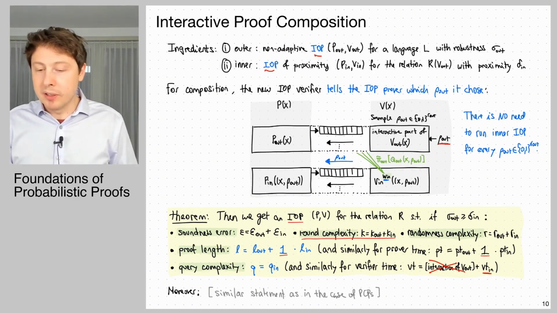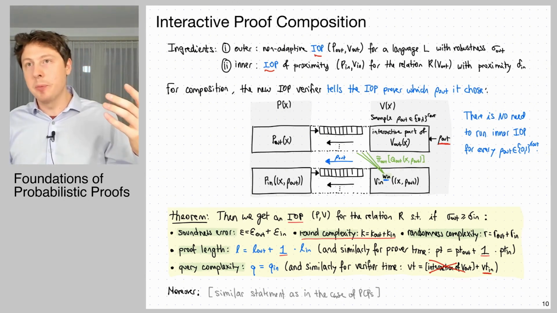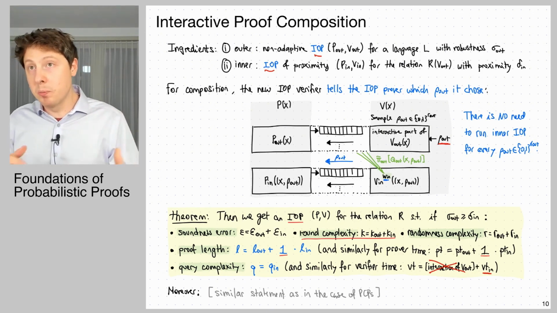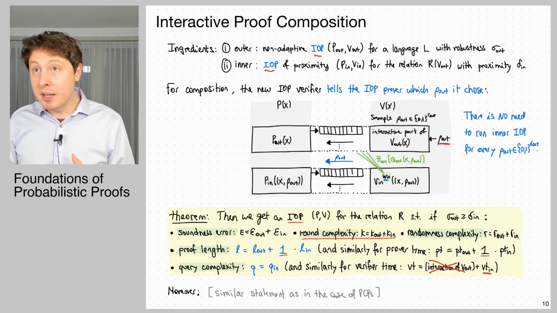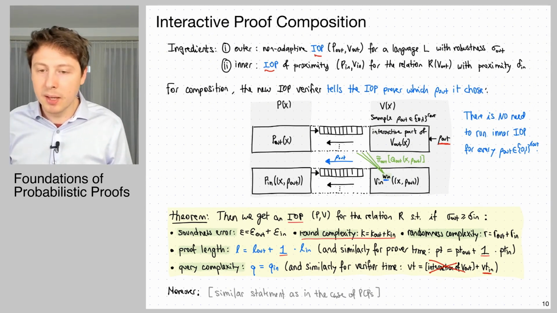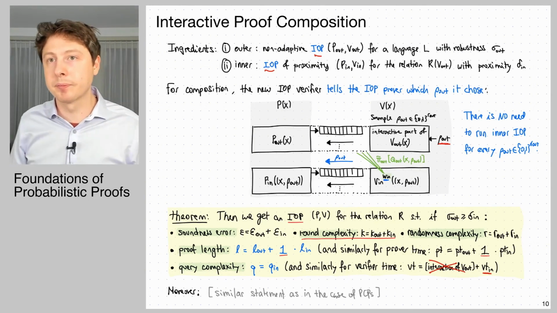And then we had a moreover two slides ago, and the same moreover holds. If the outer IOP is a proof of proximity, then the composed IOP is also a proof of proximity. If the inner IOP is a robust IOP of proximity, then the composed thing is robust.